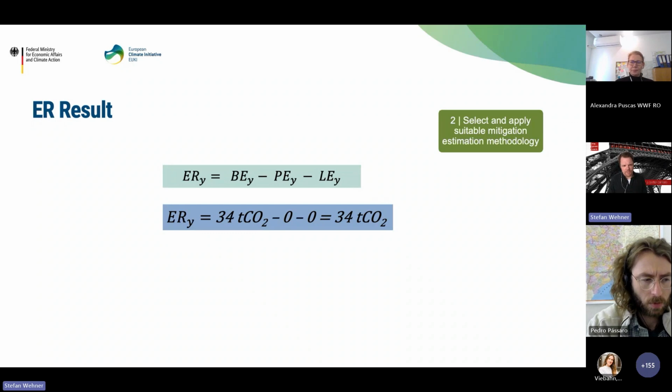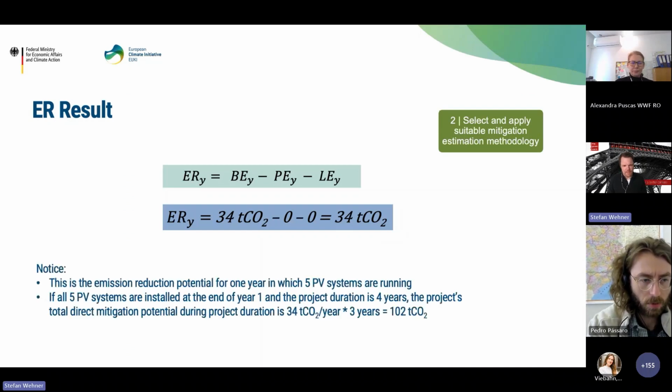The overall mitigation in this case from these 5 systems is 34 tons per year. And we just need to know, okay, it's the emission reduction for 1 year that is running, and depending on your project, depending on when they are installed, for example, at the end of the first year, then you need to multiply it for the remaining years to have the overall aggregated emission reduction, in this case, for the remaining 3 to 4 years, 100 tons.